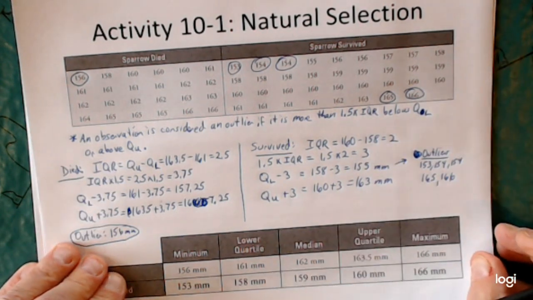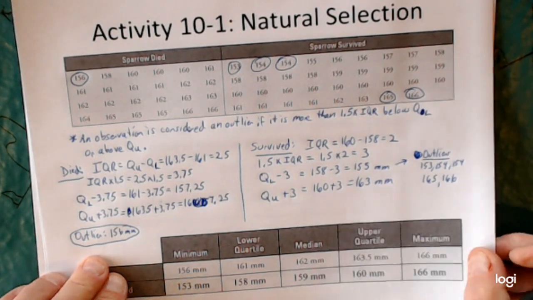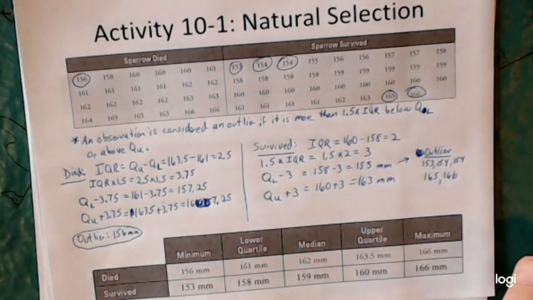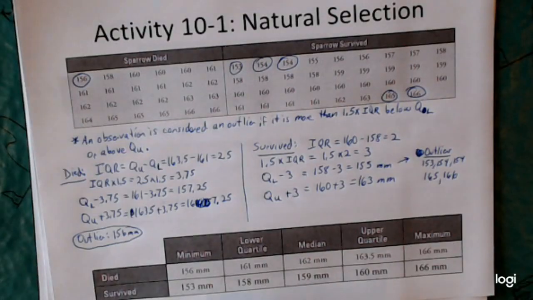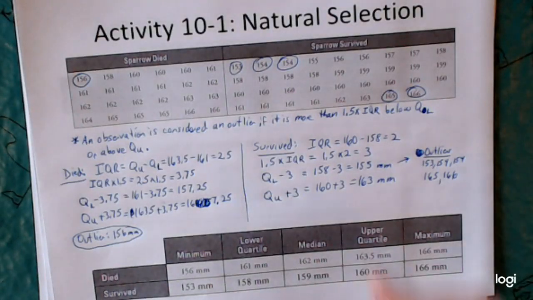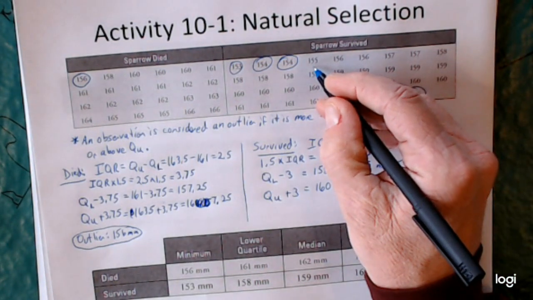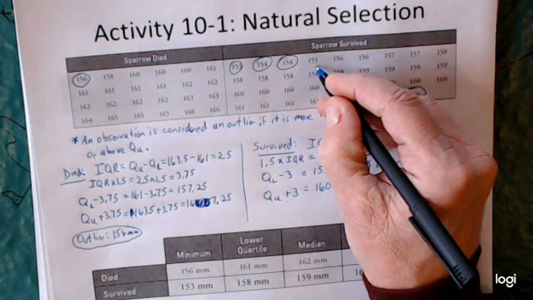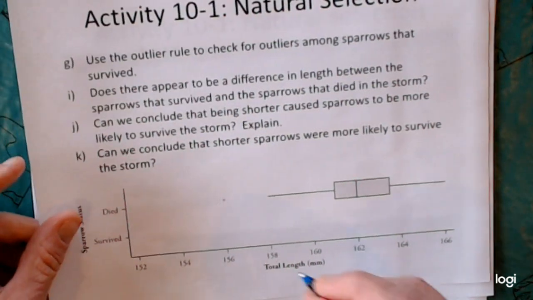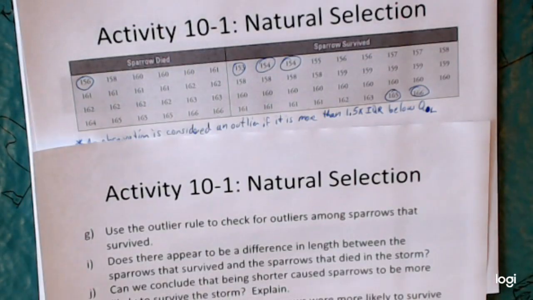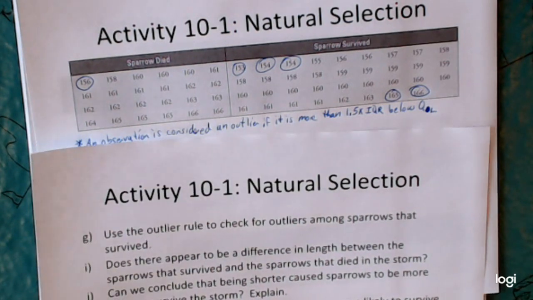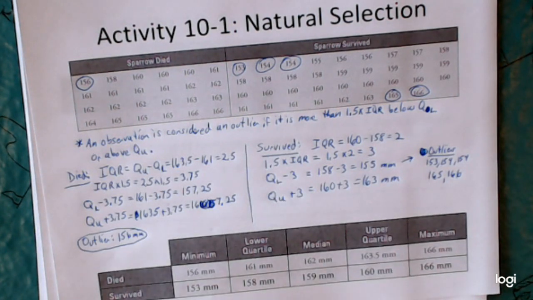Okay, so let's modify our box plot. So my first non-outlier observation on the low side is 155, so I'm going to start there. Then my lower quartile is 158, median 159, and 160.